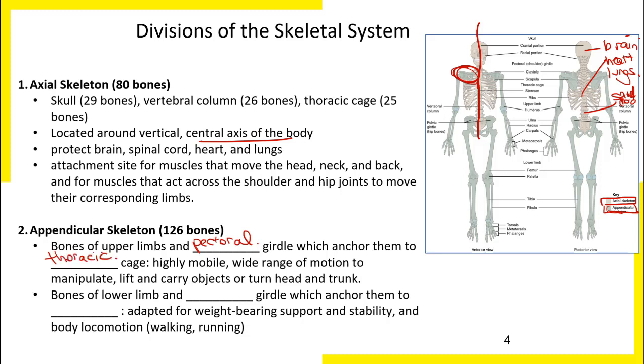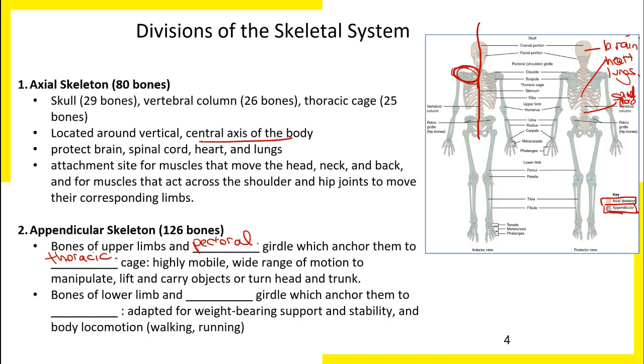The bones of the upper limbs are very mobile. There's a wide range of motion to allow us to manipulate, carry, lift objects, or turn the head and trunk, right? Just move your shoulder in a circular motion. You've got a huge range of motion there.